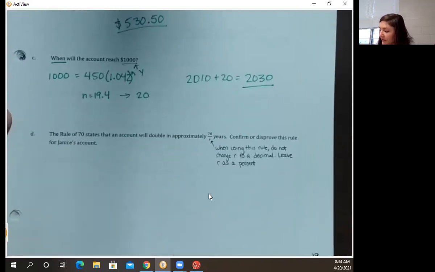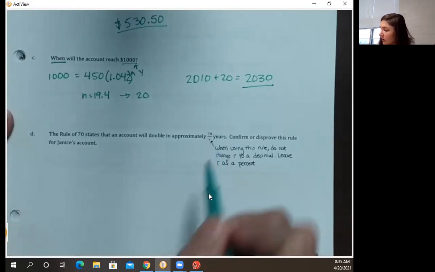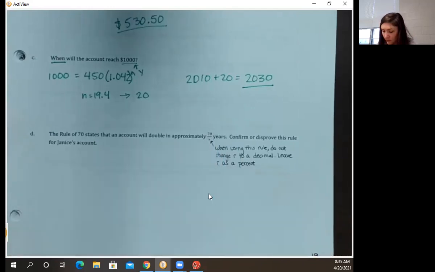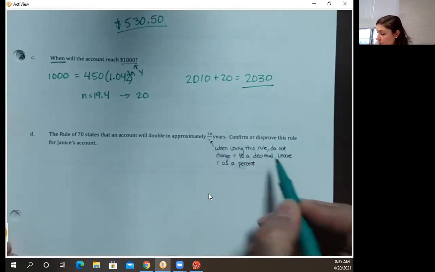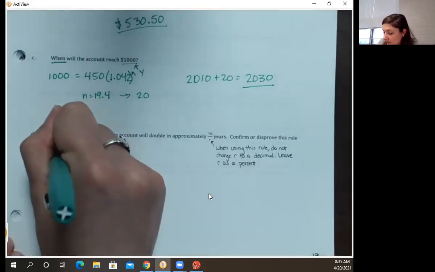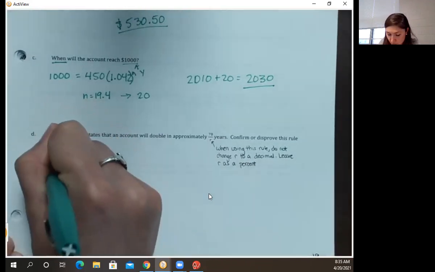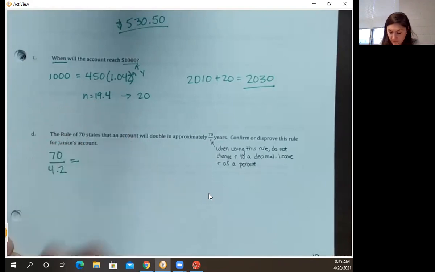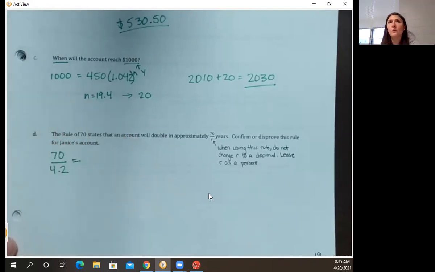And then finally here, the rule of 70 states that an account will double in approximately 70 over R years. Confirm or disprove this rule for Janice's account. So for this particular rule, we don't need to change R to a decimal. We're going to leave it as that percent. So 70 over 4.2. 70 divided by 4.2.